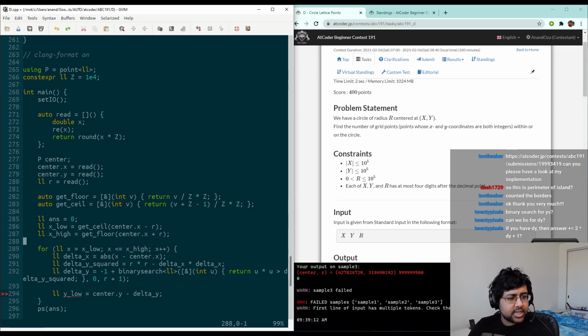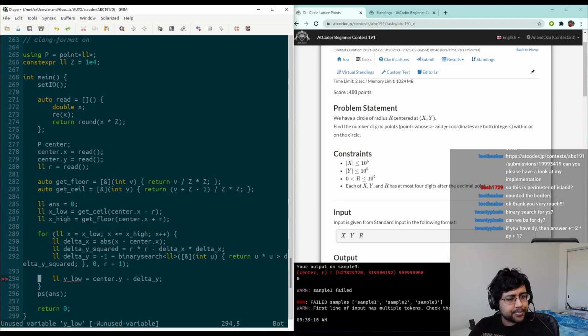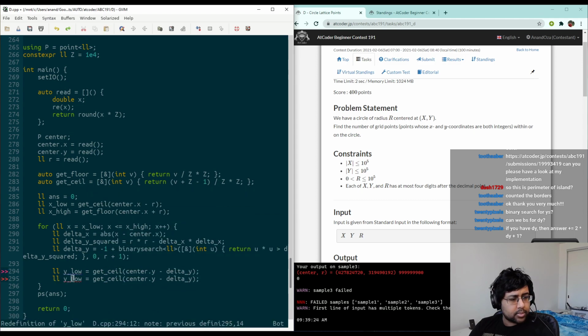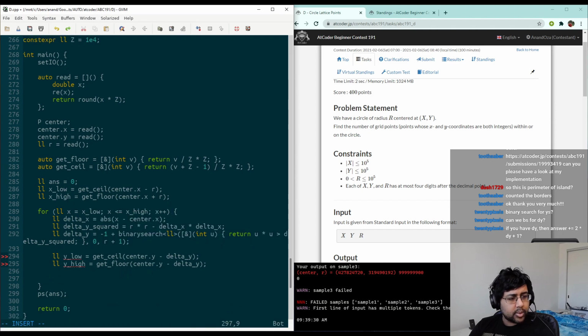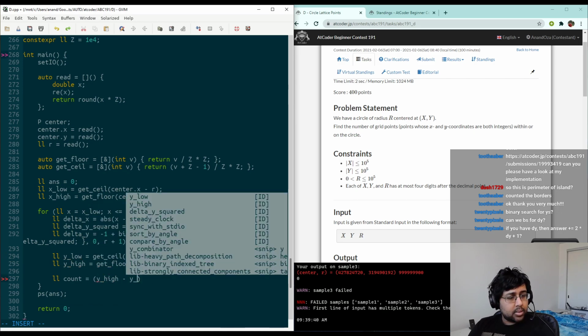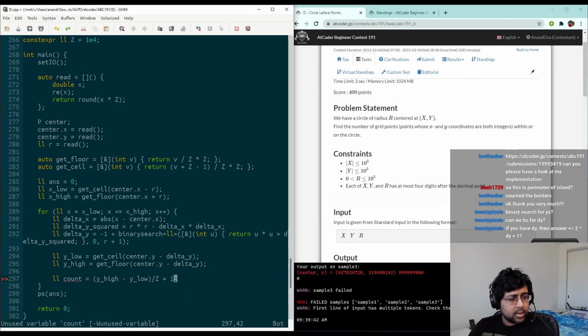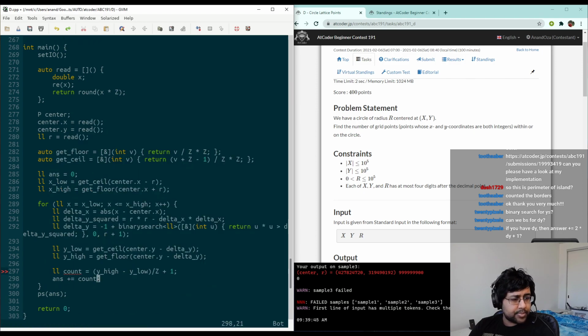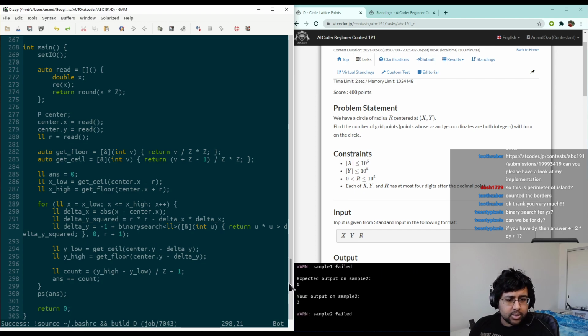That way it reduces the chance of us making any small mistakes. Okay, cool. So we're gonna do y low would be, and then y high would be get floor, and then we would want to do something like this. And now we can try running this.